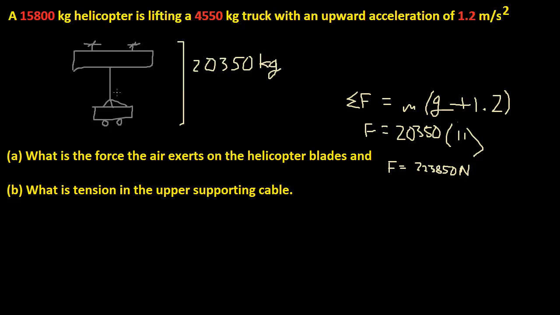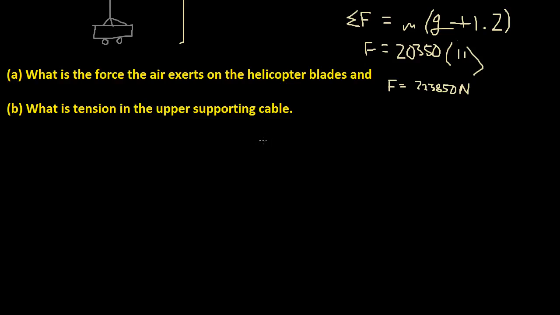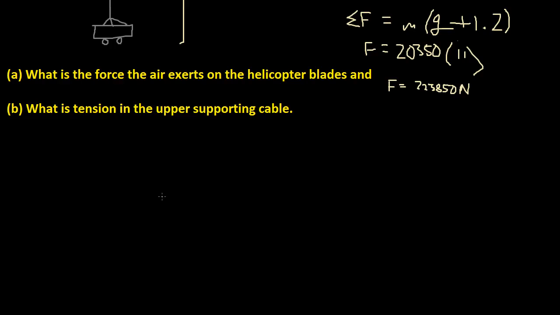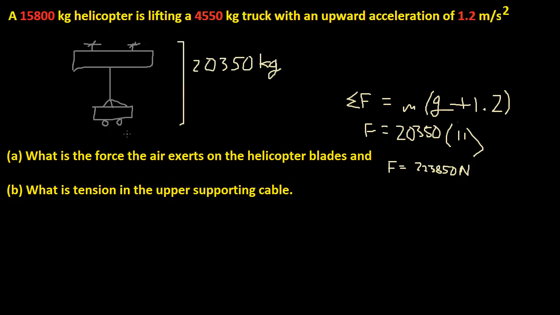Well, for this one we must account for the acceleration as well. For this one we just look at the car. So what's the weight of the car? Let's say that this wasn't moving upward at an acceleration of 1.2. The weight of the car would just be 4550 times gravity, right?